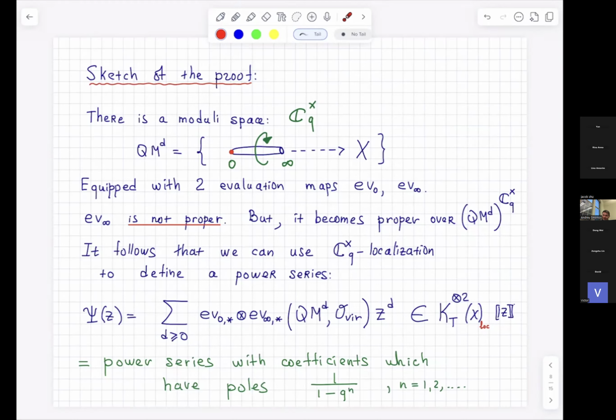So if you know what q hypergeometric series is, you know exactly that the coefficients feature this type of denominators. Anyway, in particular, these functions cannot in general be evaluated at q equal to 1 or at q given by any root of unity, so they're singular at those points.